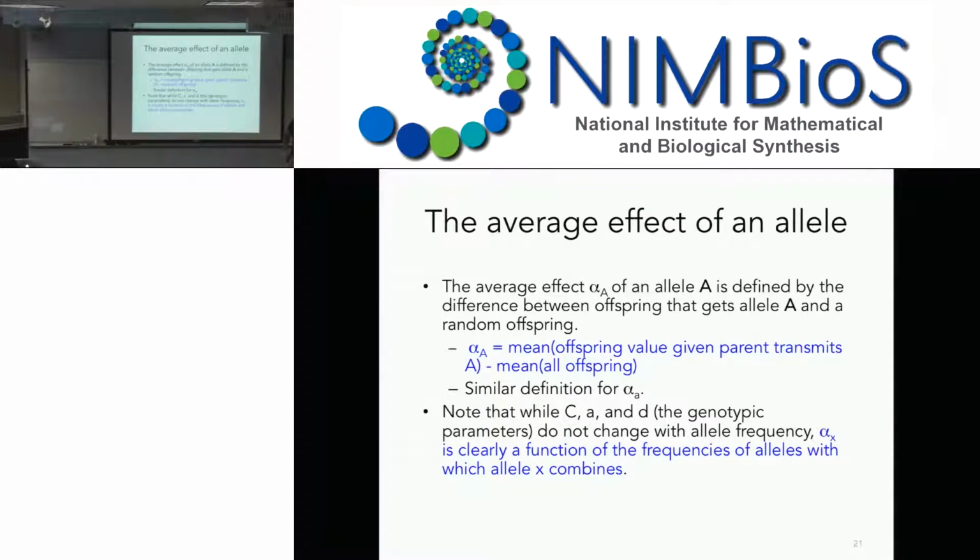This allele is still the same, but remember, it's the average effect of this allele and a random allele from the entire population. So the average effect of an allele is population specific because it depends upon the population you're drawing it from. So we call the average effect of allele A the mean offspring value given that a parent transmits allele big A and the other allele is random, minus the overall mean.